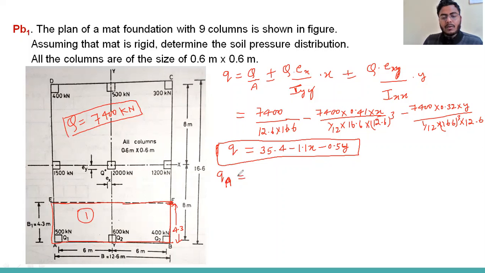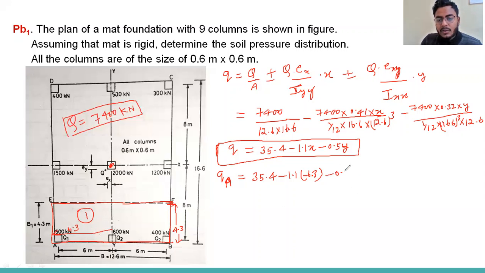Now, calculating the pressure at point A, what will be the X and Y? Both will be negative. 35.4 minus 1.1 into X. From here, this is the origin, so X will be minus 6.3, because point A is at a distance of 6.3.